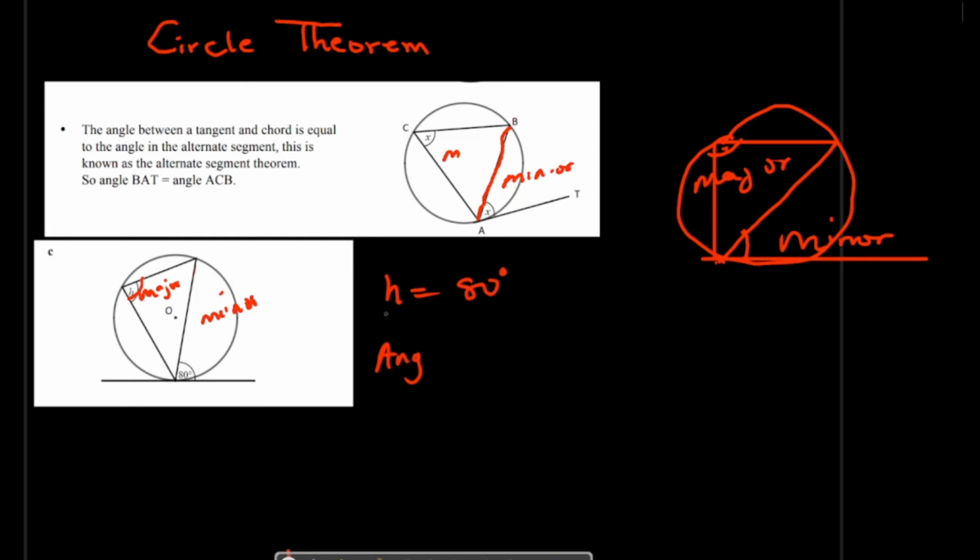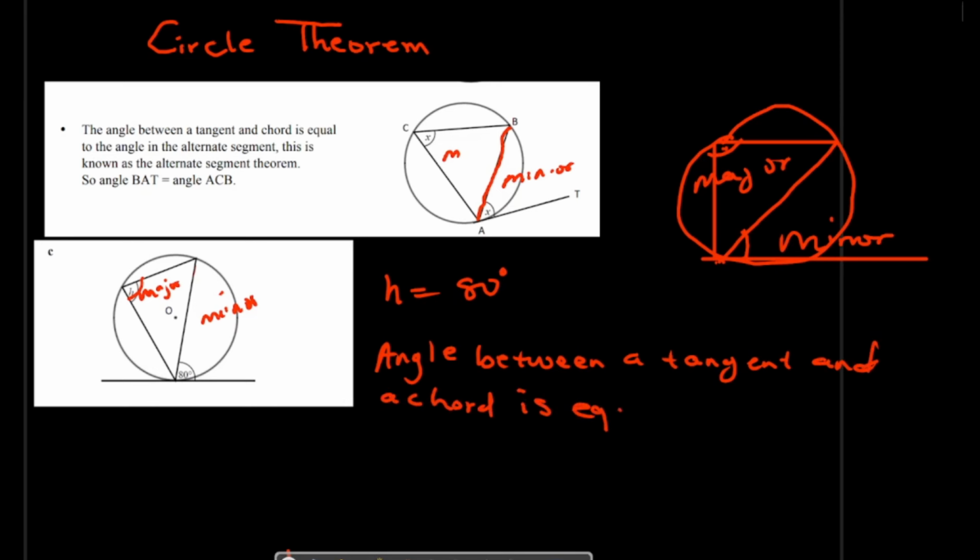of this angle between a tangent and a chord is equal to the angle in the alternate segment.